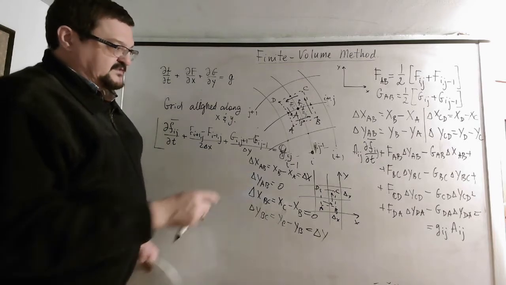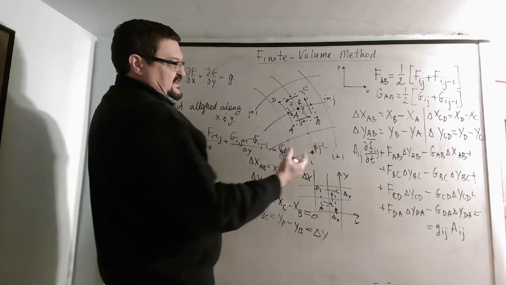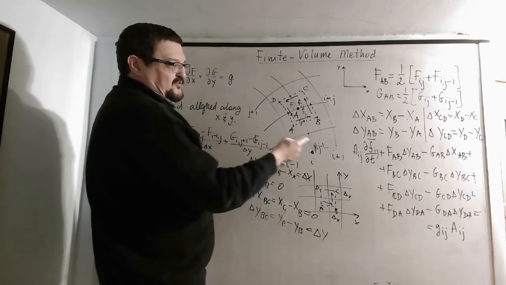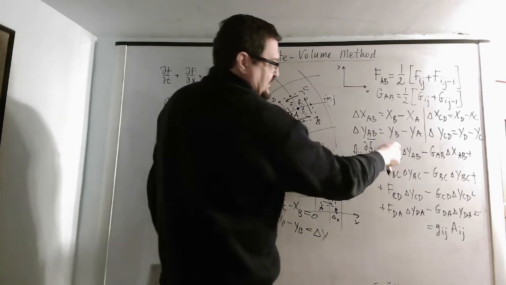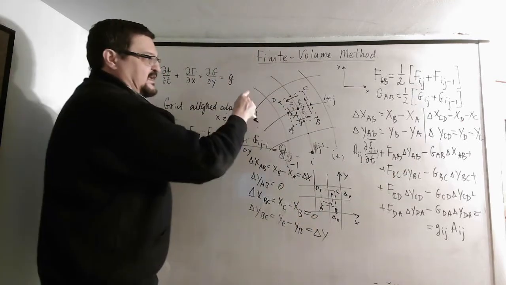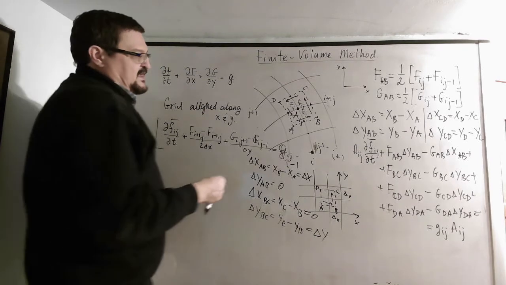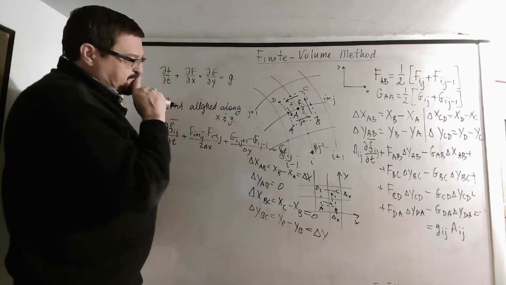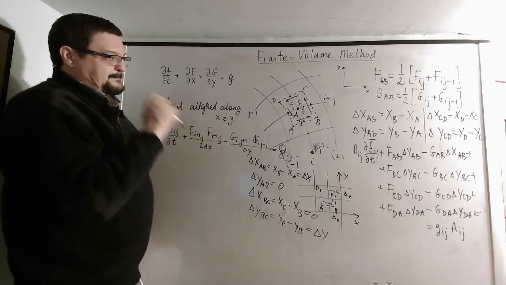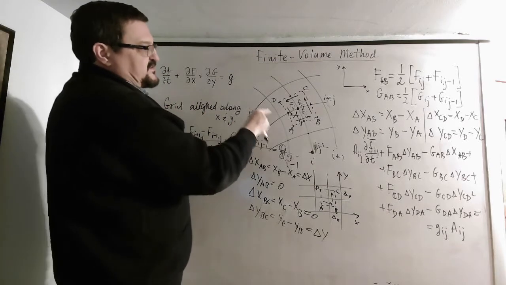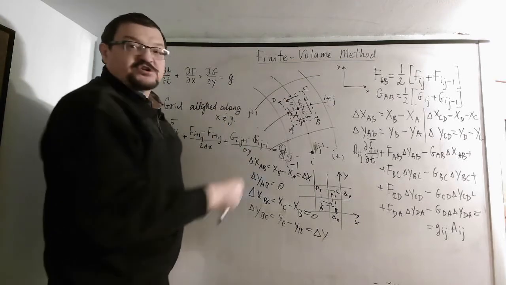Another advantage of finite volume in this form, first of all, the biggest advantage is that it's very easy to evaluate all these terms here, and also very easy to evaluate this delta x and delta y, because they're all computed using the same coordinate system. Another advantage is that it's not necessary to have cells all with the same number of corners.